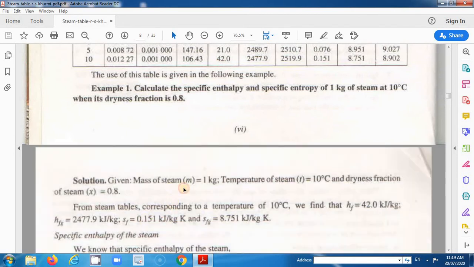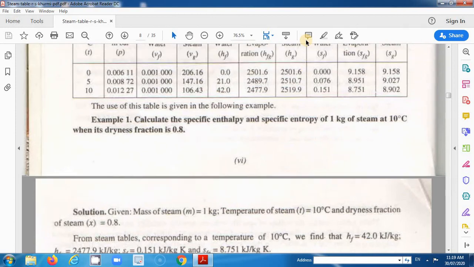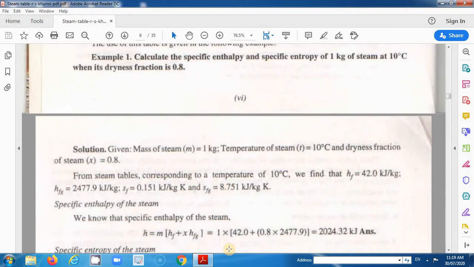You see that SFG is here, 8.751. In this way we can extract the values from the steam table for the given condition. Now once these values are extracted corresponding to the given numbers, then we have to use the formulas.